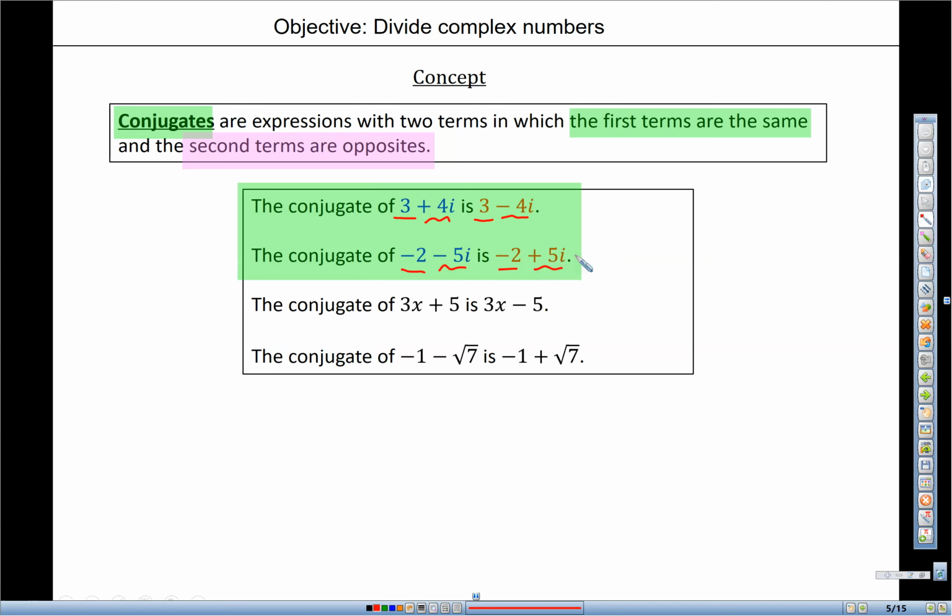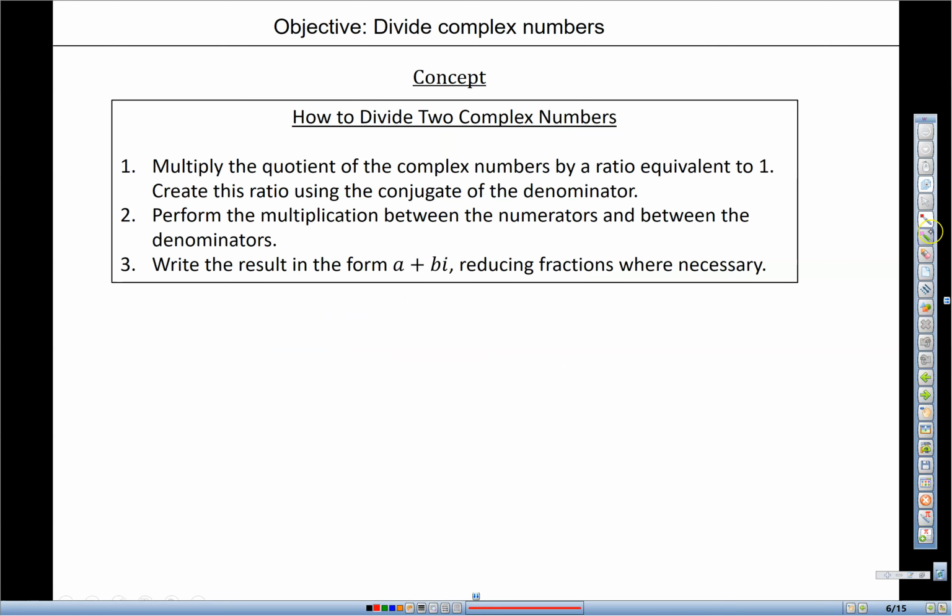We saw in the beginning of this lesson that when we multiply two conjugates together, we get a rational number. And that's very important because when we divide two complex numbers, the procedure that we use is called rationalizing the denominator, which means that when we are done with our big math part, the denominator needs to be a rational number.